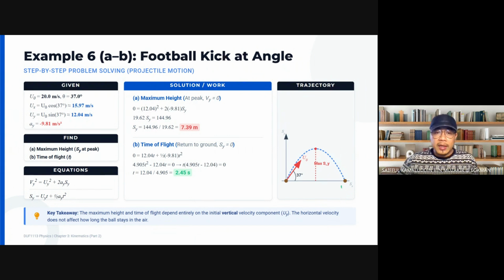This is UY, from the calculations over here. T, we don't know. AY is gravitational acceleration, and you get a quadratic formula. Use your calculator. You finally get T as 2.45 seconds. That is the time of flight.